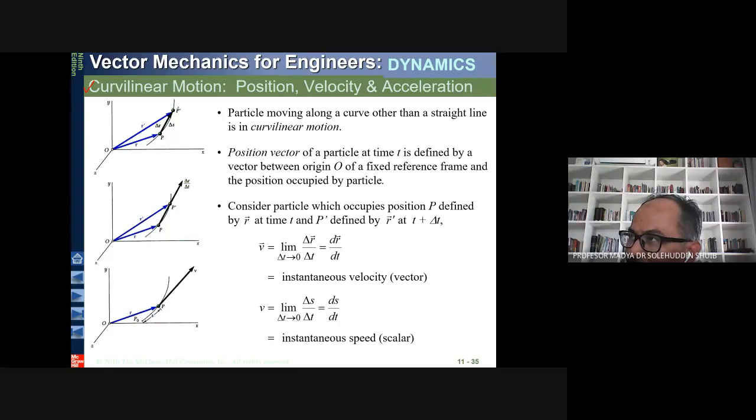So we analyze what happened here along this curve from P to P prime. The distance from P to P prime along the curve is delta S. That is the first thing that I highlight. Secondly, we have here the X, Y, and Z axis and the origin.